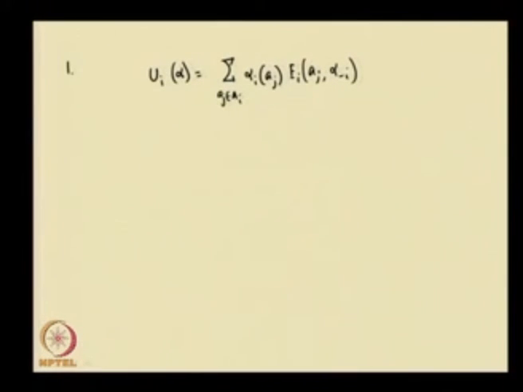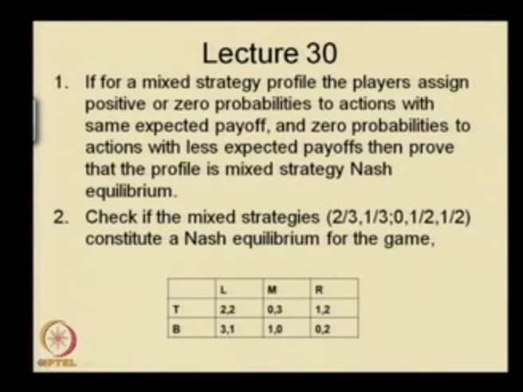Now, the thing that we have to prove is the following. Players are assigning positive or 0 probabilities to action with the same expected payoff and 0 probabilities to the actions with less expected payoff, then prove that the profile is a mixed strategy Nash equilibrium. Suppose not. Suppose the players are assigning positive probabilities instead of 0 to actions which have less expected payoff.